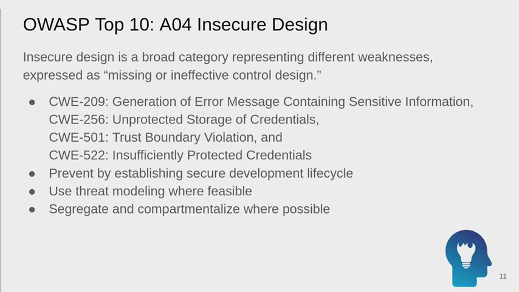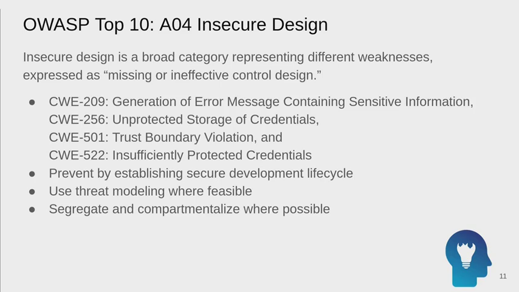Insecure design, the fourth category. And I know this is a bit of a dump of categories, but we're going to go through more of them in detail afterwards. Insecure design is a very broad category. Think of this as a catch-all for anything that just looks weird or iffy or is design related.